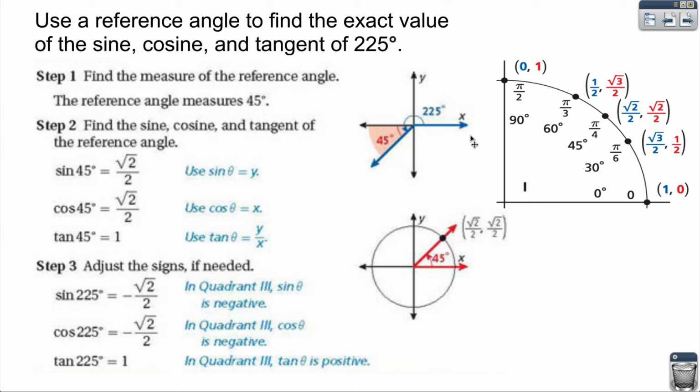However, remember you're in the third quadrant, so you need to check what the sign should be of any point in the third quadrant. Yep, it should be a negative sign. That's why in step 3 it says adjust the signs if needed. And we said it's in quadrant 3, therefore sine 225 degrees should be a negative value.